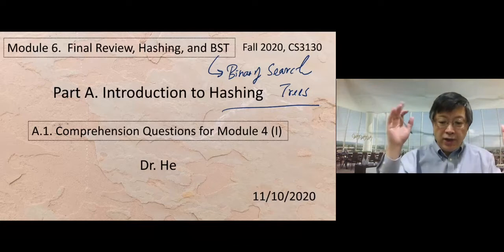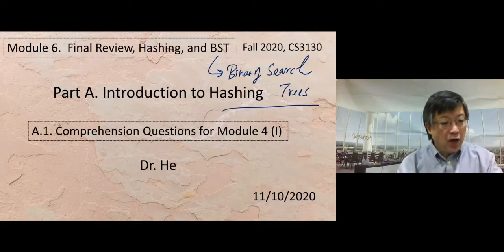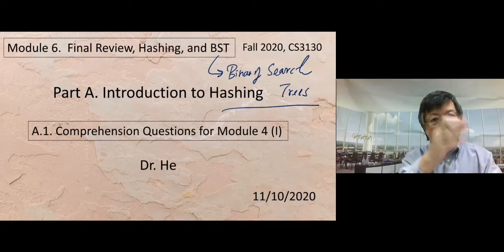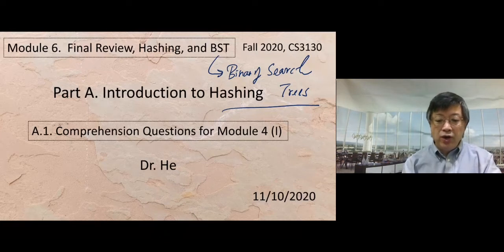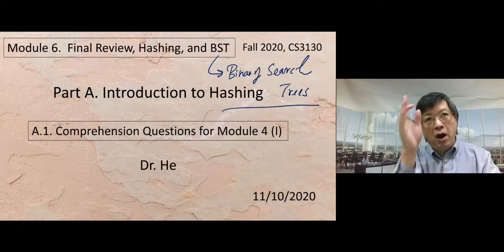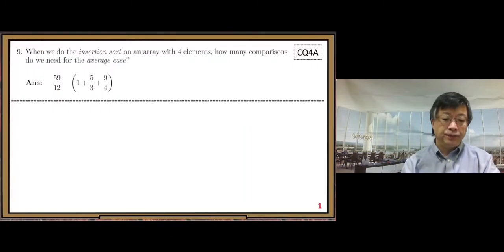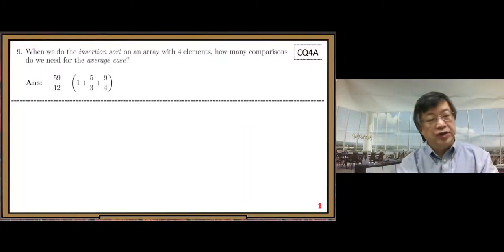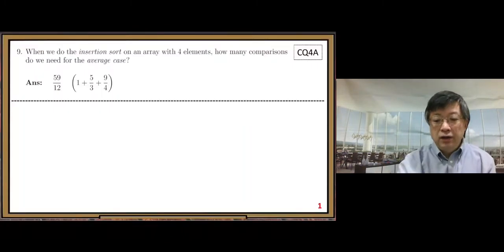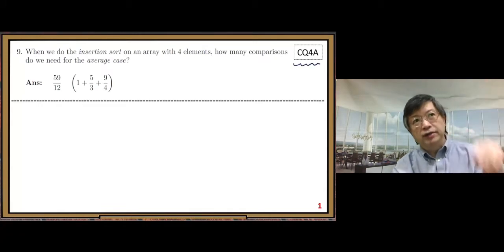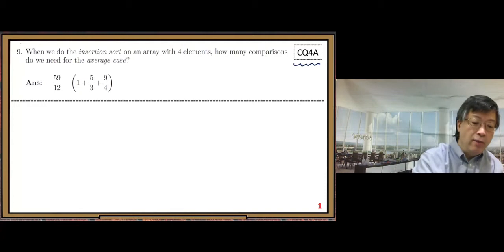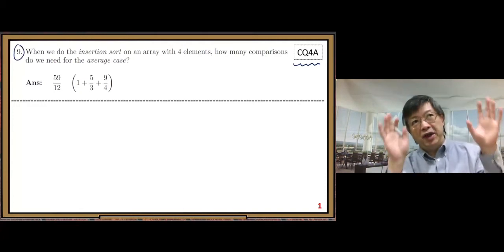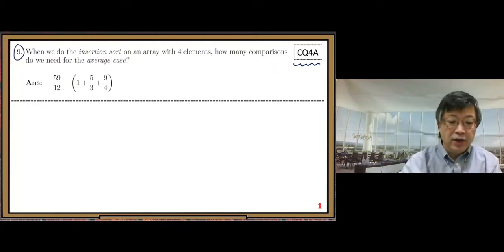All right, so let's start our part 8.1, comprehension questions for module 4, part 1. The first question here: first I give you the question set number, so you can find it easily, and the question number also, so you can easily find it.